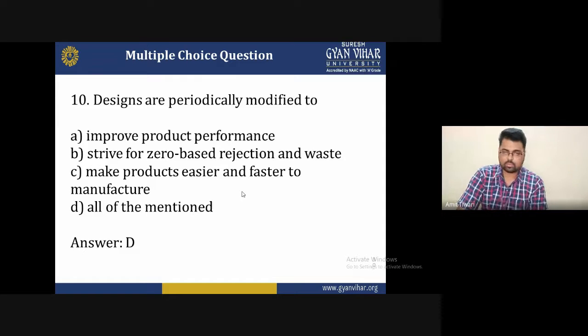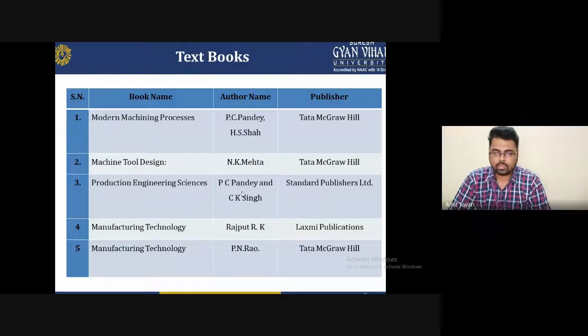Now at the end of this lecture, I am suggesting some standard books for understanding this lecture very deeply, or if you find any difficulty with numericals. First, Modern Machining Process by P.C. Pandey and H.S. Shan, Tata McGraw-Hill.